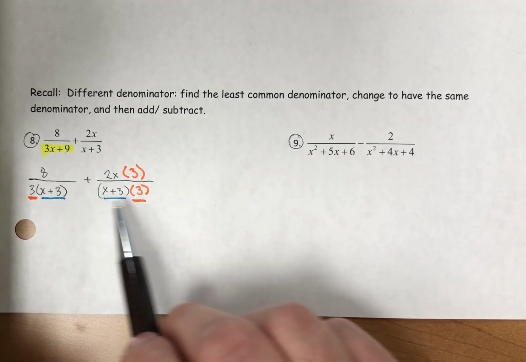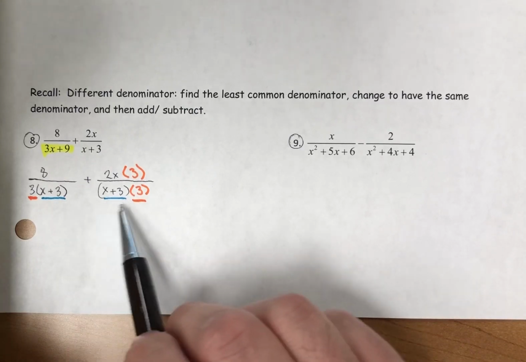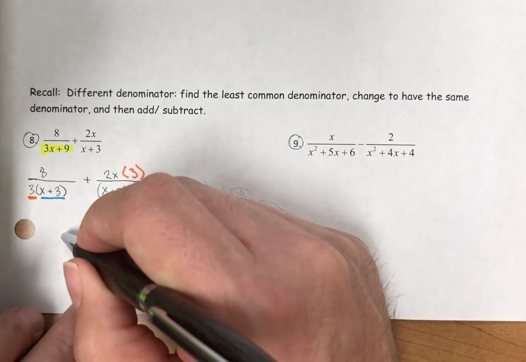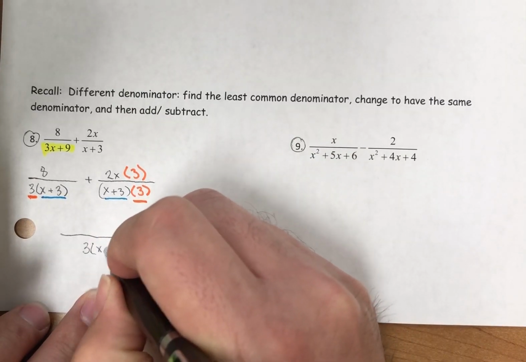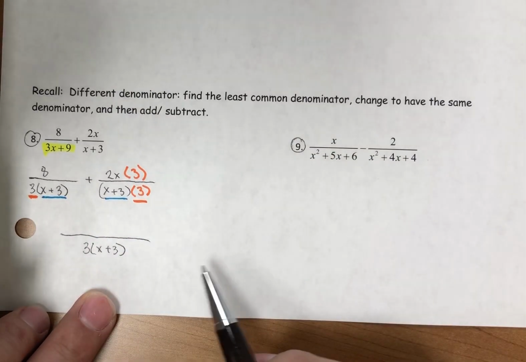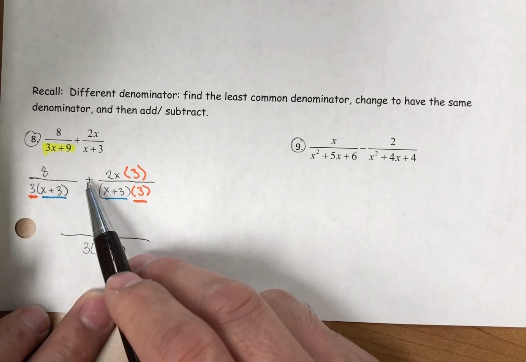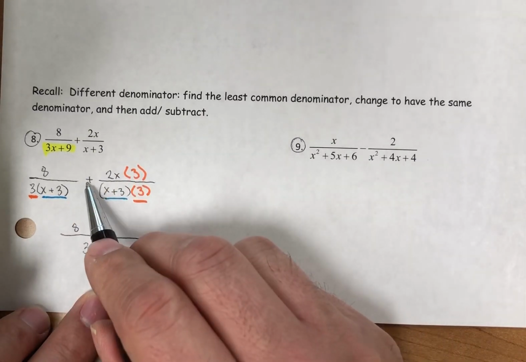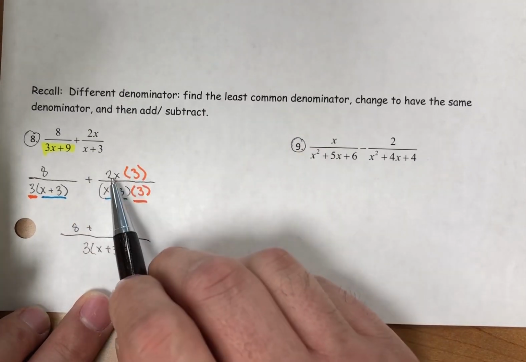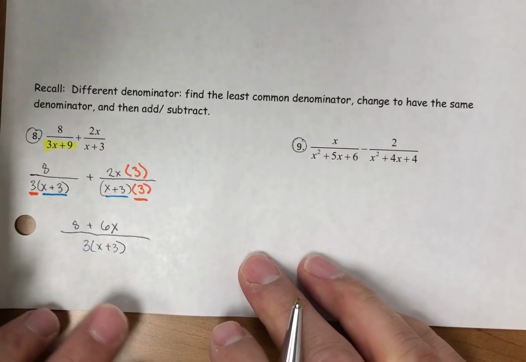Once you have a common denominator, so I underlined everything that is common in both, so you see everything's underlined, then now I can write as one fraction. I take my common denominator and I write it one time, because now they're going to share that, and then I simply do the top operation. So I rewrite 8 plus, so I have a plus, and then I have 2x times 3, which gives me 6x.